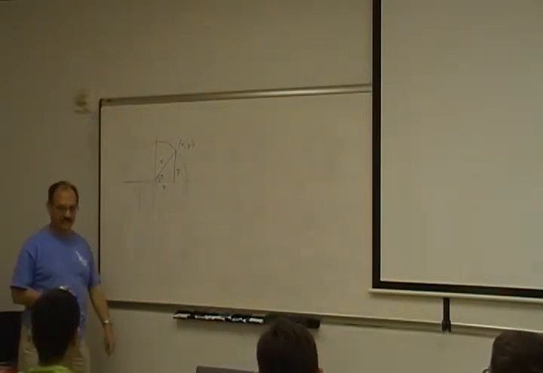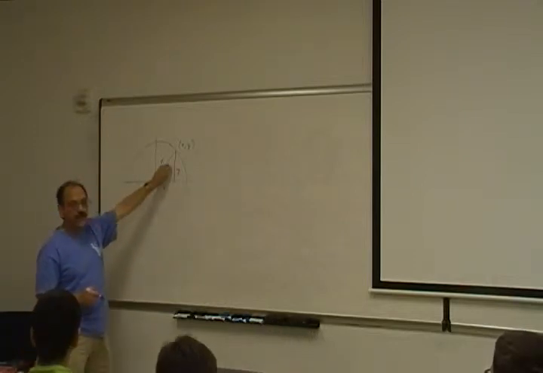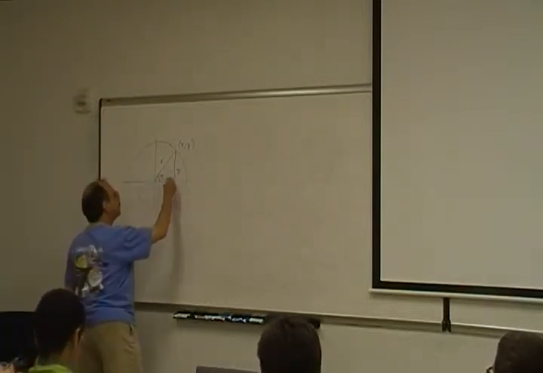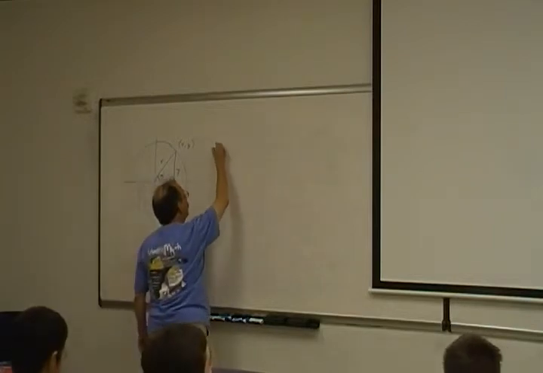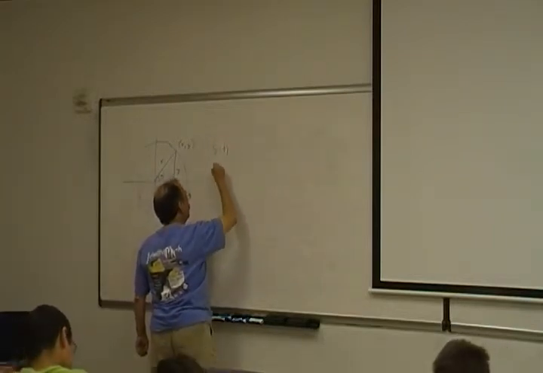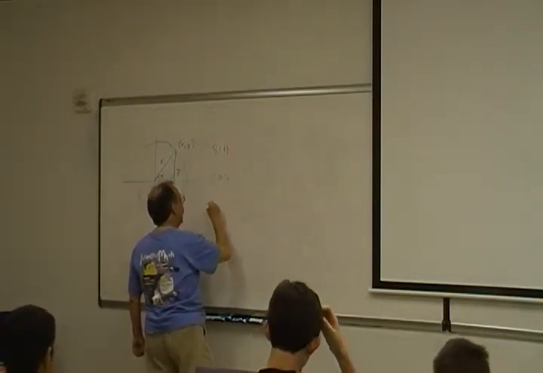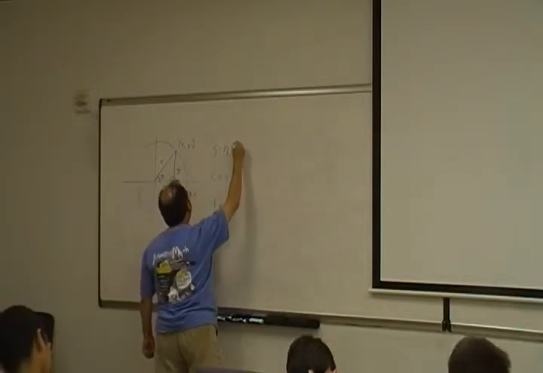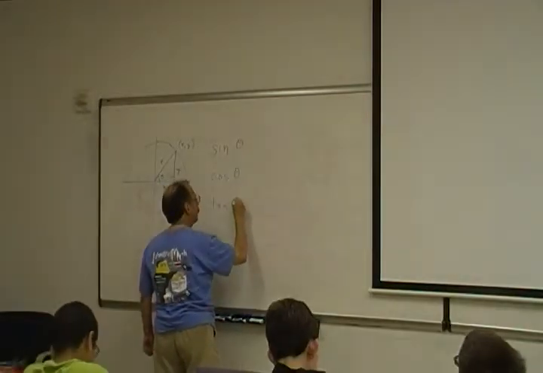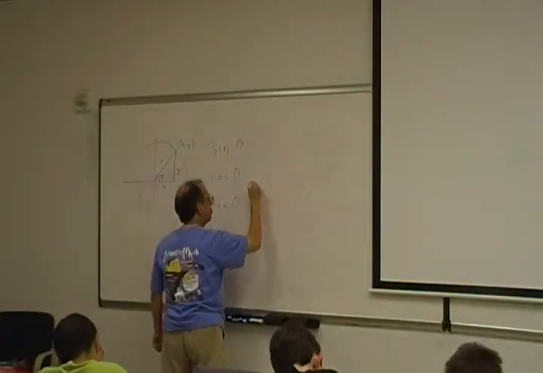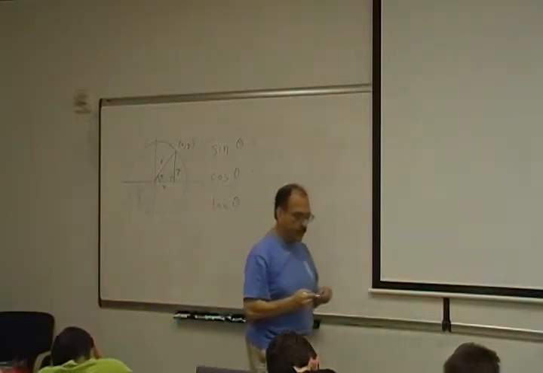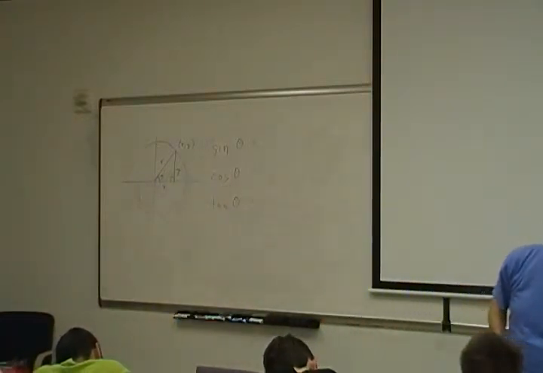Okay, here's a circle. In there, I just drew a right triangle. In terms of that right triangle, we have sine, cosine, and tangent of the angle theta. Okay, and so I need names.